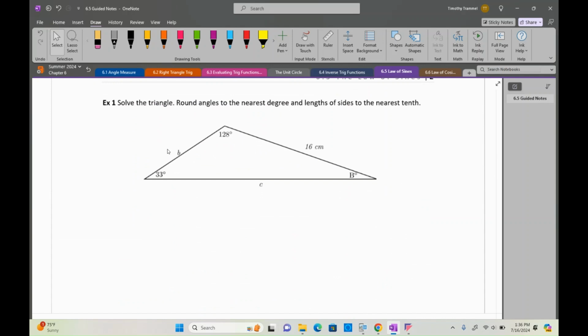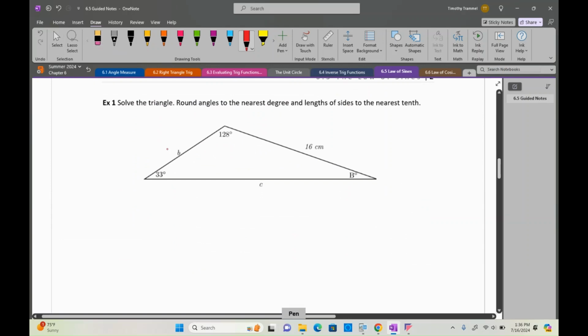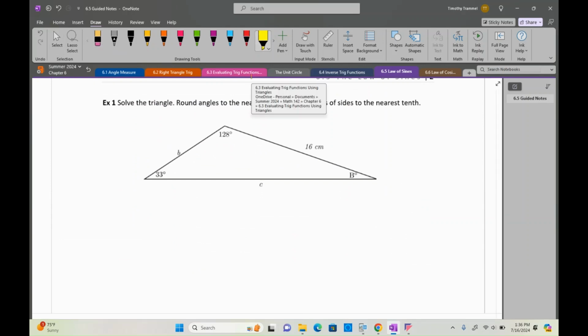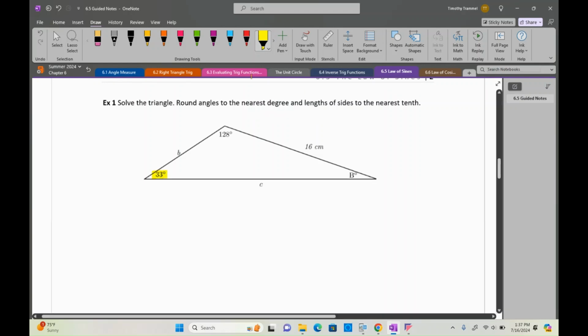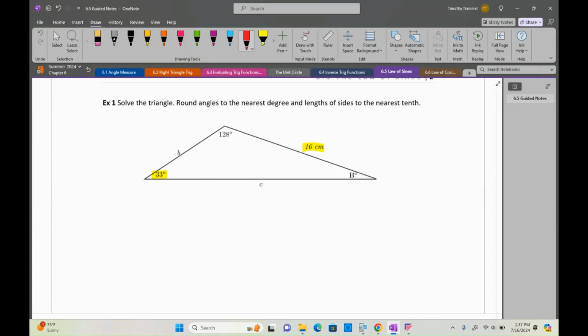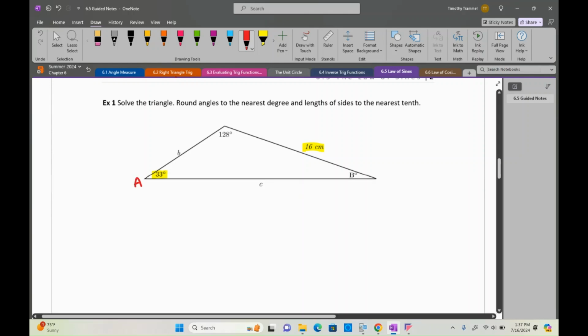Looking at this, I want to see a matching angle and side. What I mean by that is if we label these using the same labeling as in the diagram on the previous page, we'd probably call this angle right here that's 33 big A, and this little a.